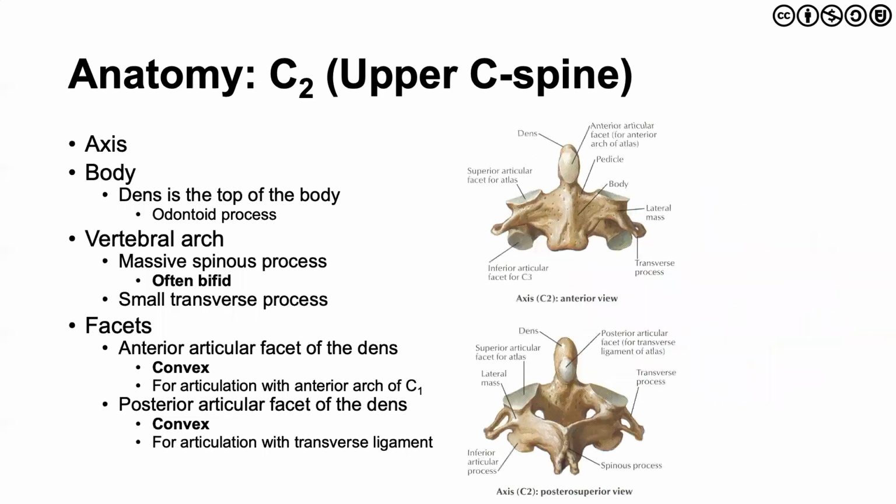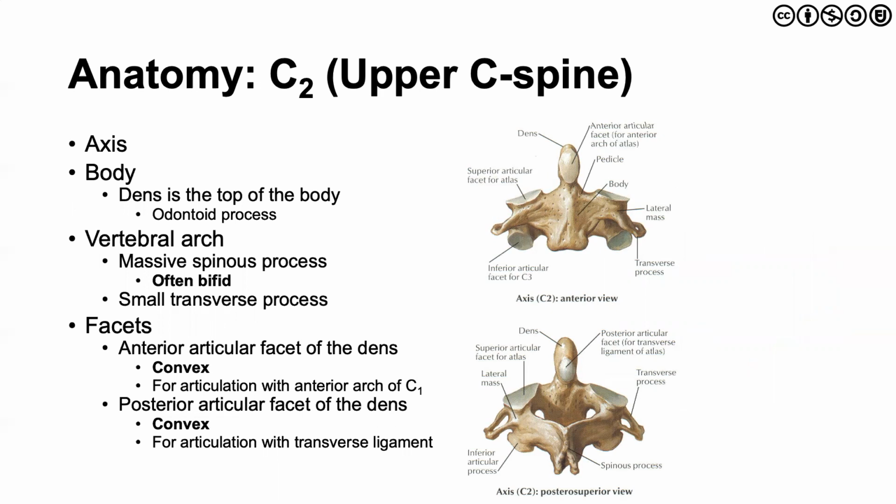Articulating with C1 is C2. This is referred to as the axis. And the axis is interesting because it is an atypical vertebral body. It has a significant upward process known as the dens. The dens is the top of the body and also referred to as the odontoid process. But that dens is going to articulate then with C1, the atlas.